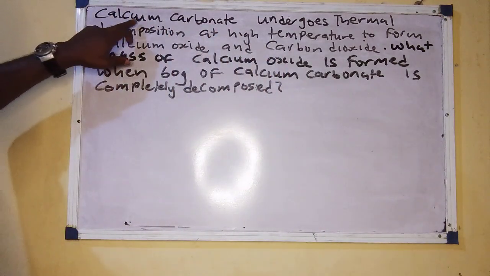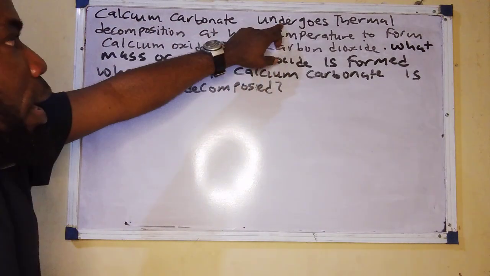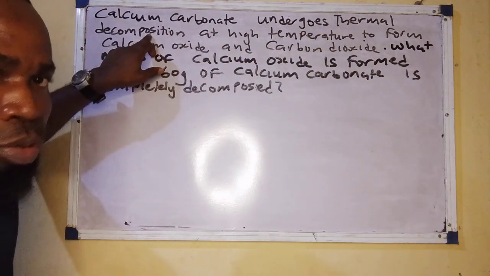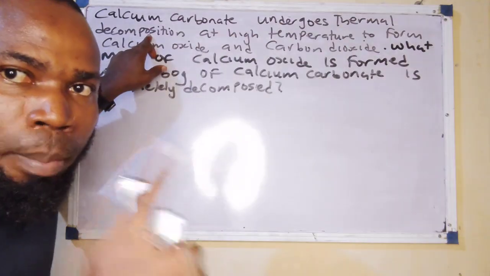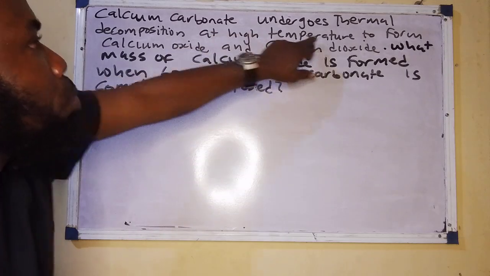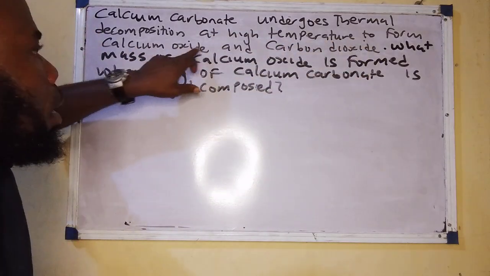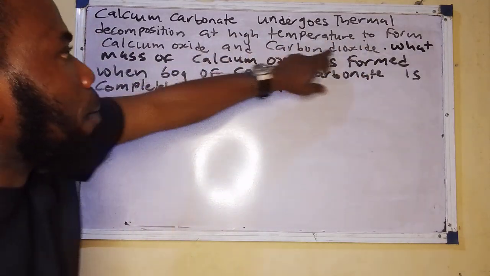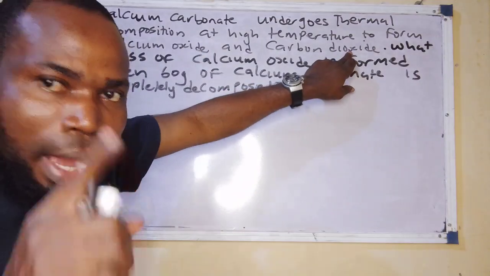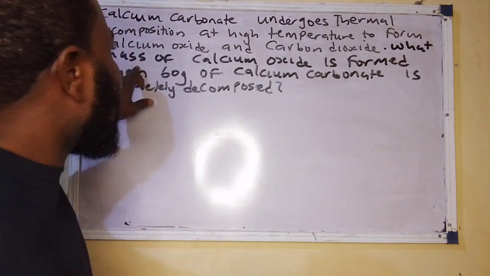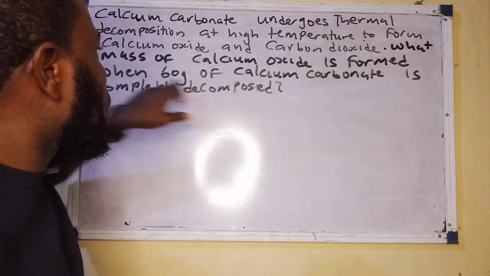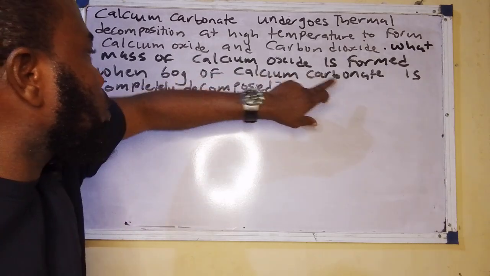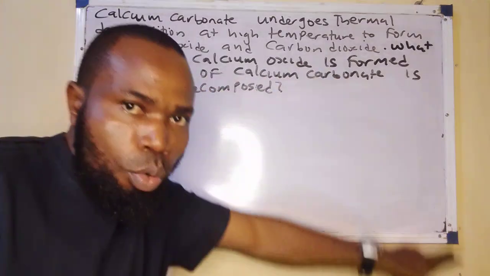They said calcium carbonate undergoes thermal decomposition. That means it's being decomposed by heat at high temperature to form calcium oxide and carbon dioxide. They already told us what will happen. What mass of calcium oxide is formed when 60 grams of calcium carbonate is completely decomposed?